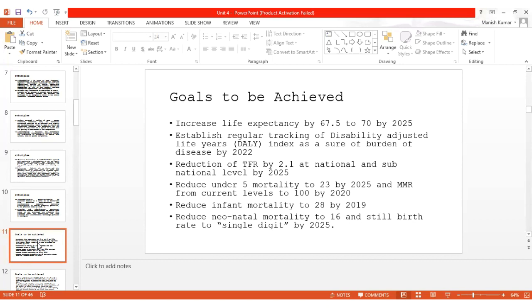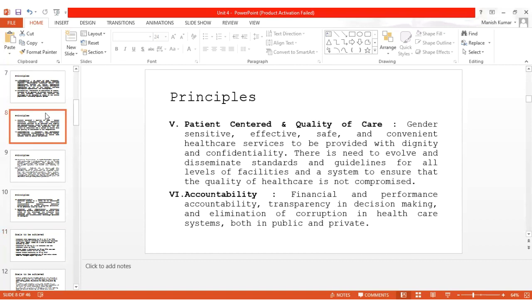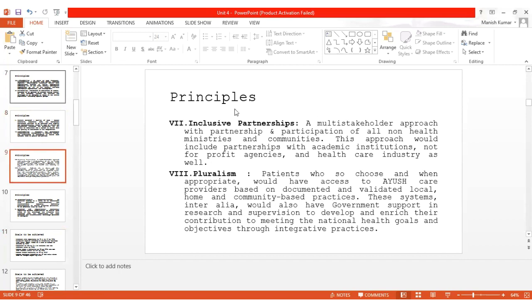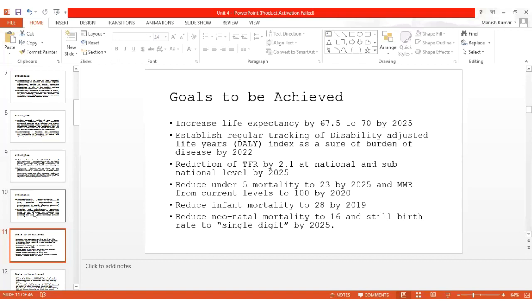And then reduction of total fertility rate. TFR is total fertility rate, to 2.1 at national and subnational level by 2025.